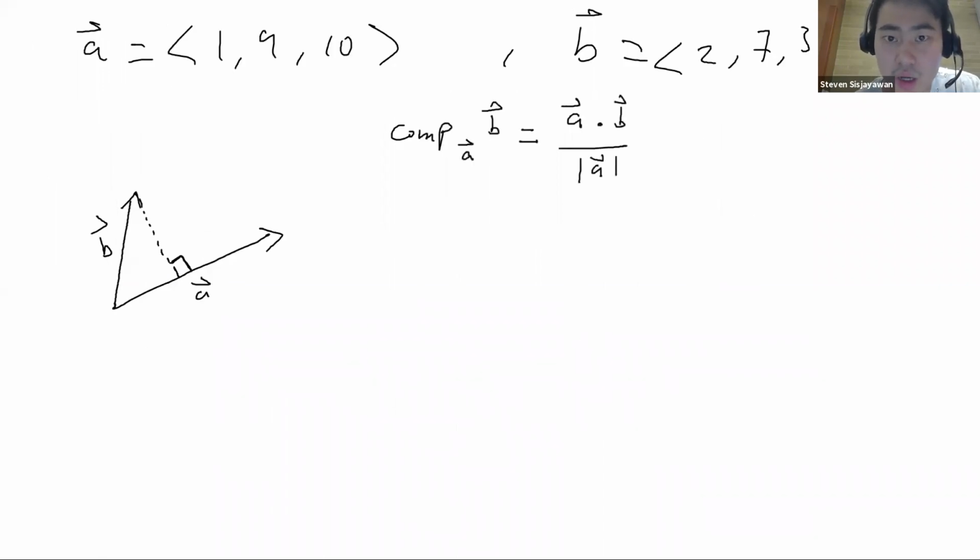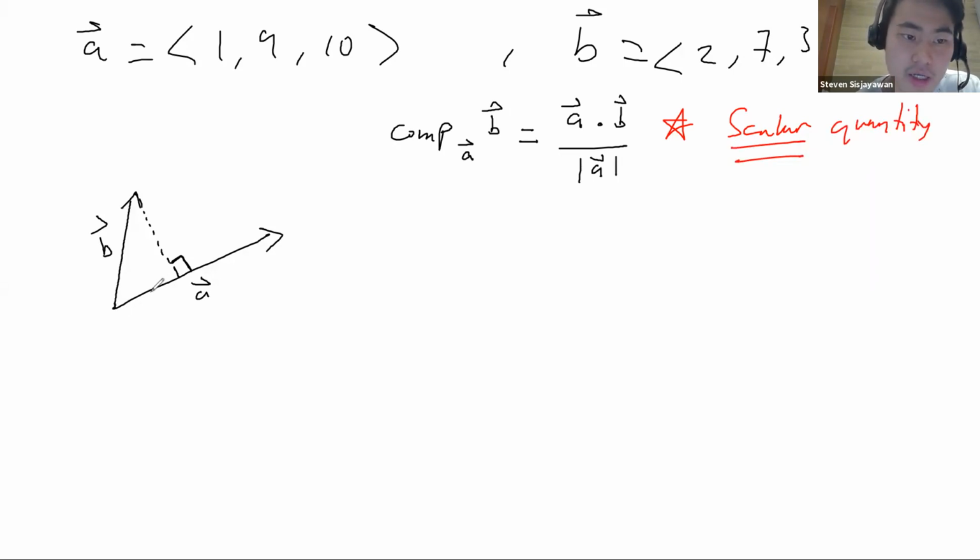So this is going to represent the scalar quantity, the scalar quantity of the component that mirrors A from the B vector. So scalar quantity of the projection of B onto A.